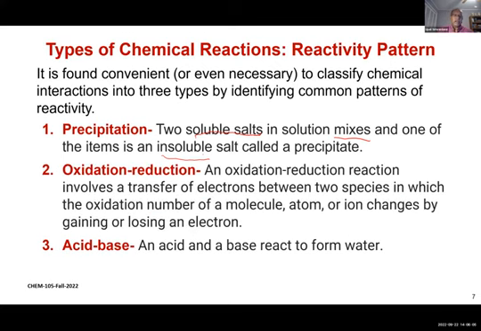The second one is oxidation reduction. Oxidation reduction is electron transfer. Oxidation is loss of electron. Reduction is gain of electron. We're going to talk about this in detail. So if an atom loses an electron, we call it undergoing oxidation.